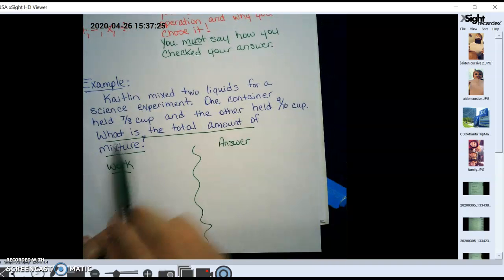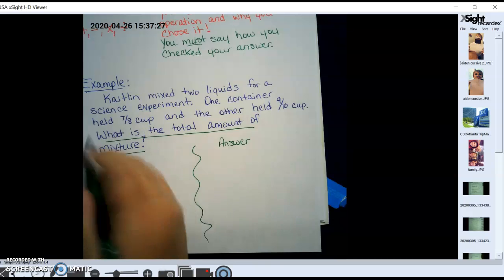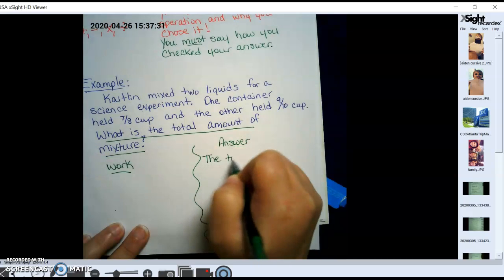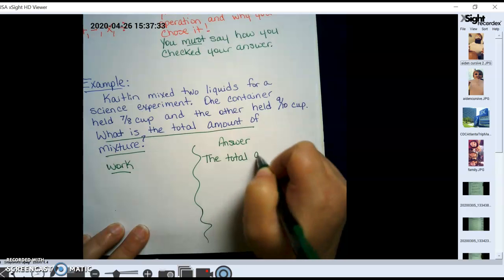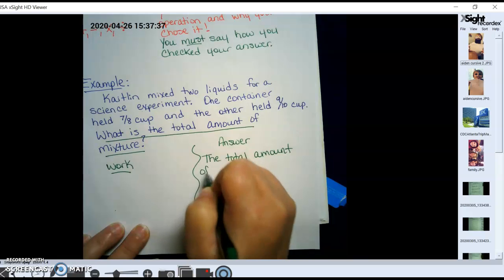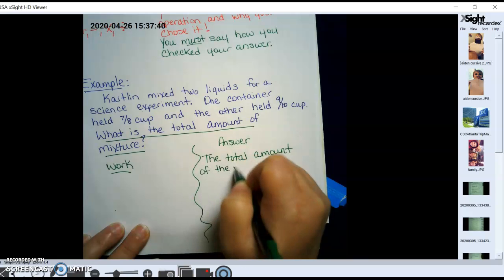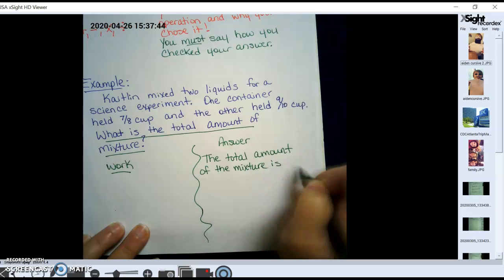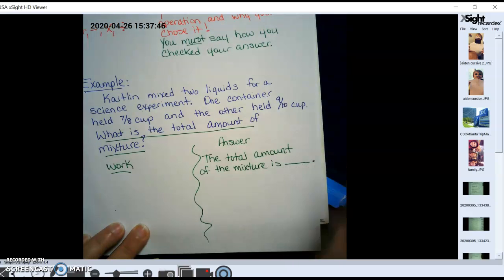So, what is the total amount of the mixture? So the answer is, the first thing I'm going to write is the total amount of the mixture is. And then I'm going to leave a blank there so that I can fill that in once I've done my work.